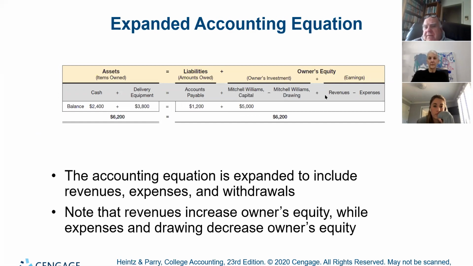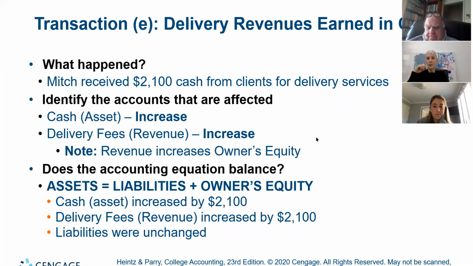And notice that they've added 2 other things here now. The earnings, net income, revenues minus expenses. So you might call this the expanded equation, but it's really the same. Assets equal liabilities plus owner's equity. What affects owner's equity?